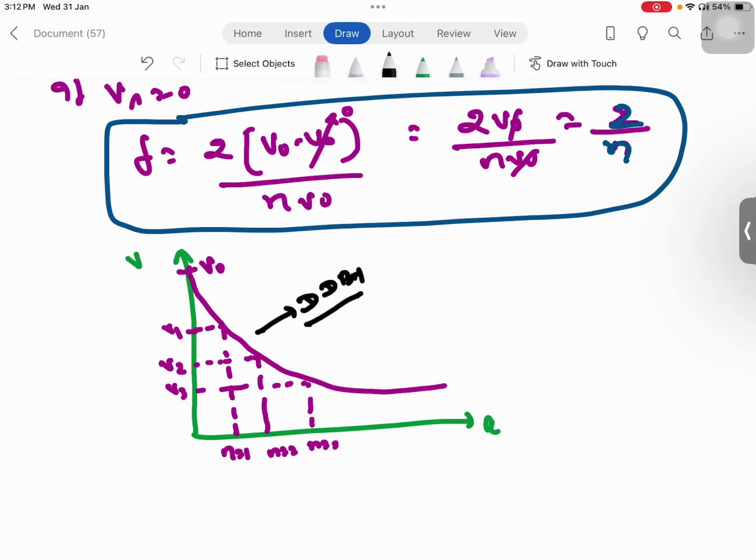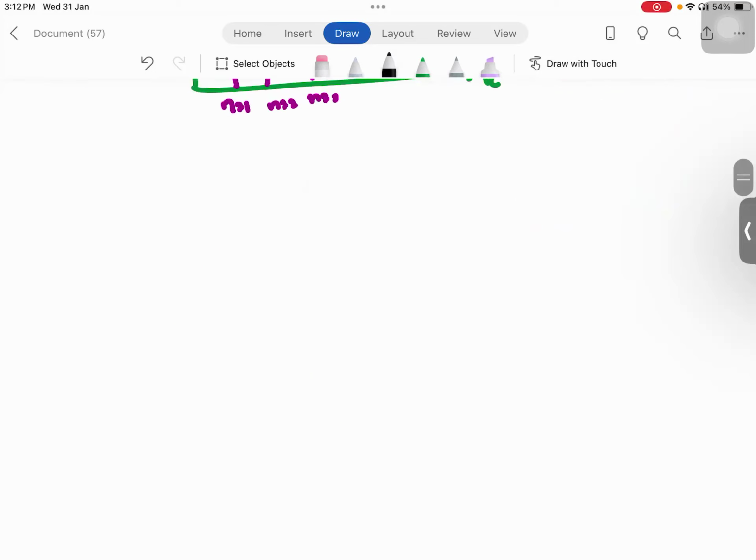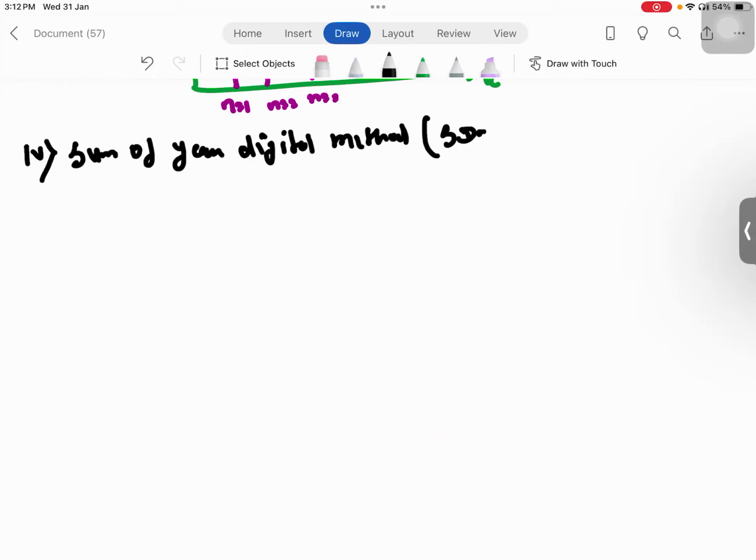Now, the fourth method that I'm going to talk about is the sum of year digits method. I'll be calling it SYD, right? In the sum of year digits method, again, the depreciation amount is not the same in every year. Assumption-based questions can be asked here also.